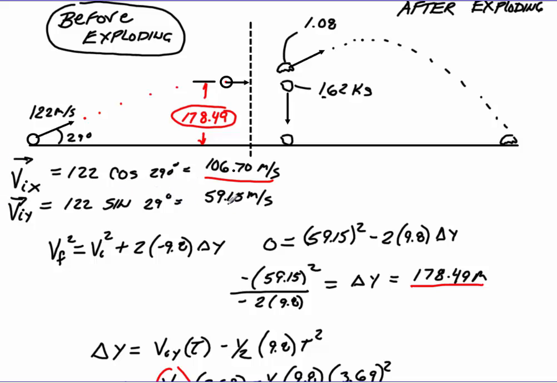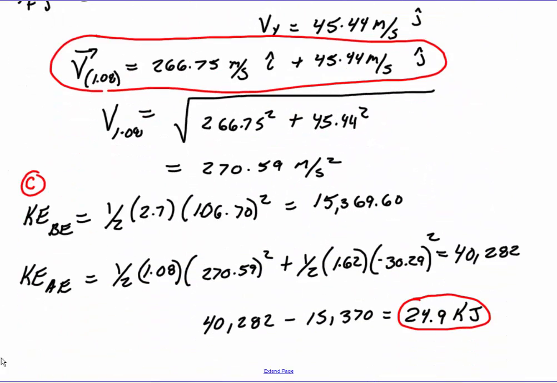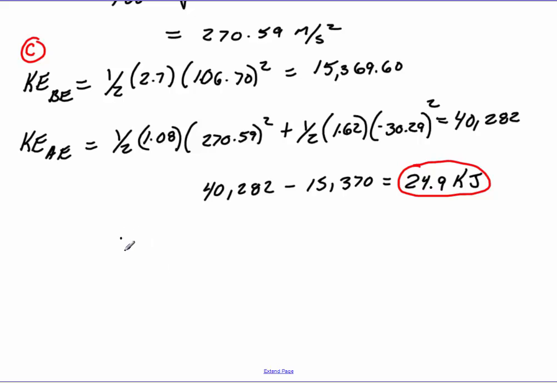We had 59.15 as our initial velocity. So let's go back to VF is equal to VI plus AT.